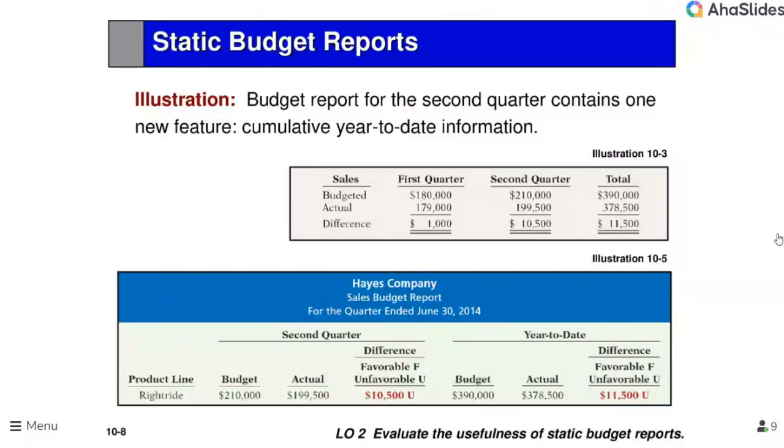In the second quarter, though, you see I'm 11,000 out on sales of 210. Well, if I take 11,000 as a percentage of 210, I'm getting upwards of 5%.